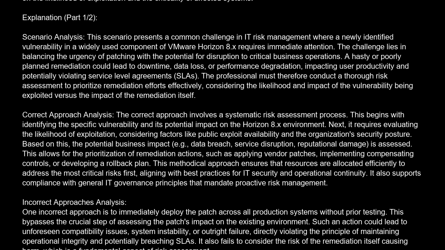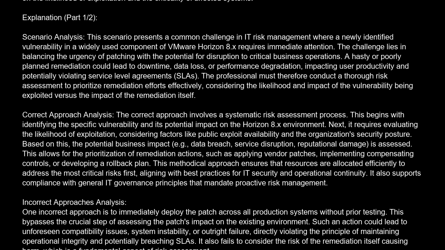Correct approach analysis. The correct approach involves a systematic risk assessment process. This begins with identifying the specific vulnerability and its potential impact on the Horizon 8 X environment. Next, it requires evaluating the likelihood of exploitation, considering factors like public exploit availability and the organization's security posture. Based on this, the potential business impact, e.g., data breach, service disruption, reputational damage, is assessed.